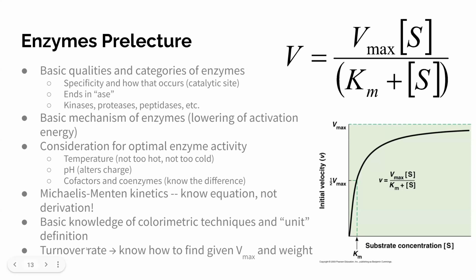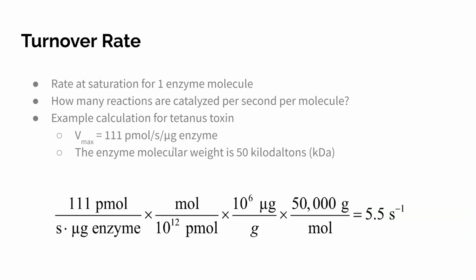For the Michaelis-Menten equation, you should definitely have this memorized. I know it's easy to be like, oh, it's okay, it's just an equation. Definitely have it memorized because it will help you with questions about inhibition, stuff like that. And then for turnover rate, the rate at saturation for one enzyme molecule. If you think about it logically, it's how many reactions are catalyzed per second per molecule.